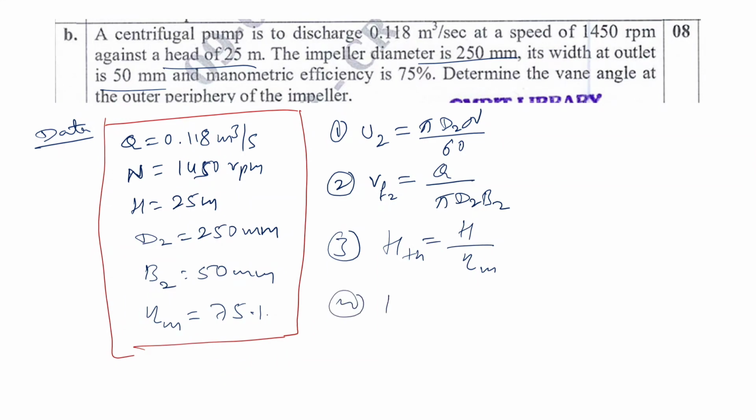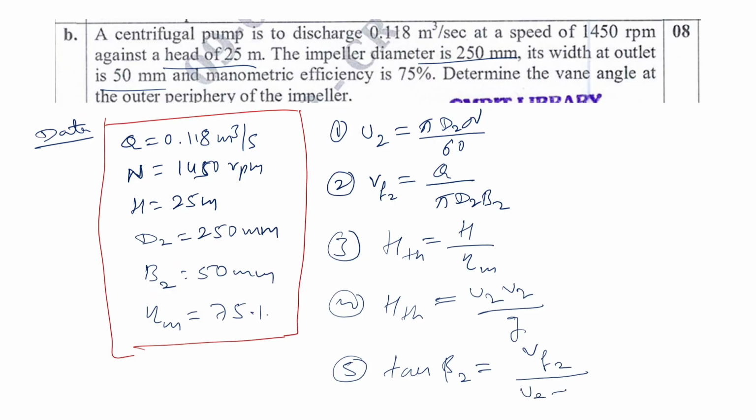Similarly, theoretical head is given by u2 v2 divided by g. Finally, you have to remember the vane angle at outer periphery is given by tan beta 2 is equal to vf2 divided by u2 minus v2. Note down all these formulas. Those will help to solve this problem.